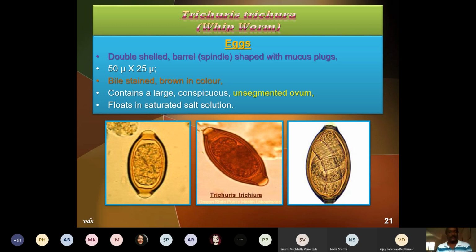Such an embryonated egg floats in saturated salt solution, because even though the larva has developed, there is a clear space between the eggshell and the larva. It is also bile stained, and the outer layer is brown in color.